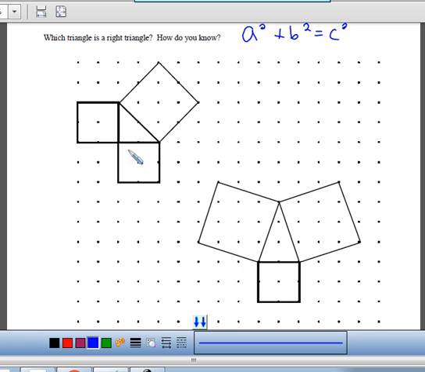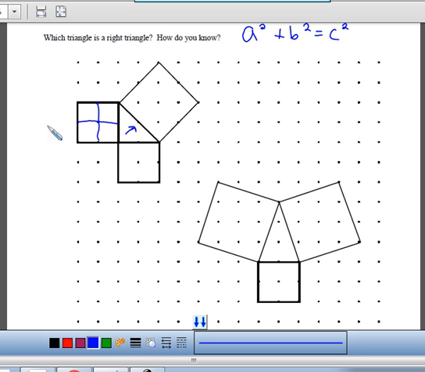So when I'm looking at this triangle here, I know that this is a leg and this is a leg. So these two smaller sides are legs. And I can kind of tell from the picture that this should be the right angle, and that means this would be the hypotenuse.